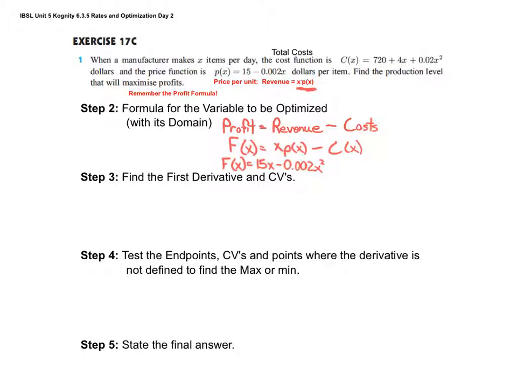Now we subtract the cost, so minus 720 minus 4x minus 0.02 x squared. So let's combine the like terms here, and we get capital F of x equals negative 0.022 x squared plus 11x minus 720. That's going to be our total profit.